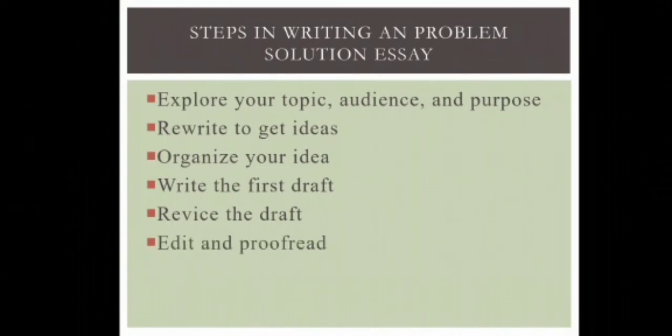For the sixth is edit and proofread. Use the checklist to help you look for and correct errors in grammar, mechanics, and sentence structure. The last is write a new draft.